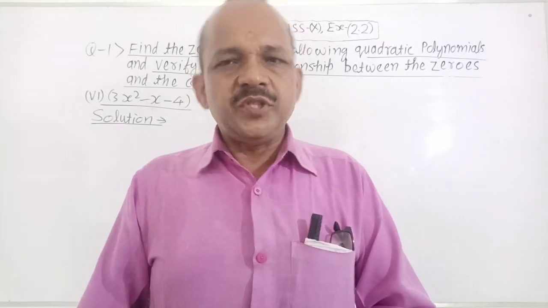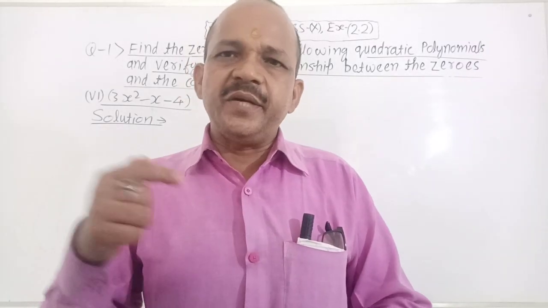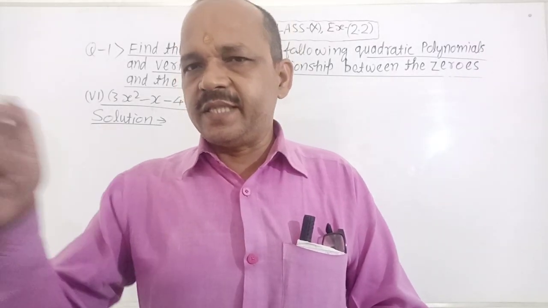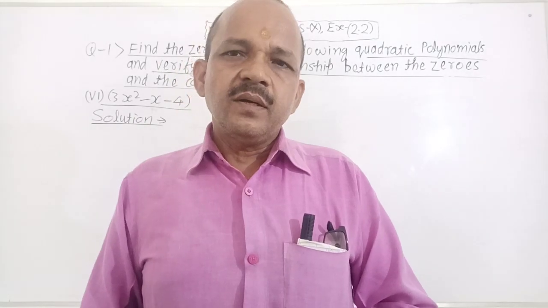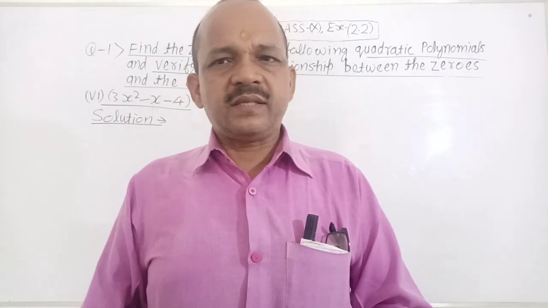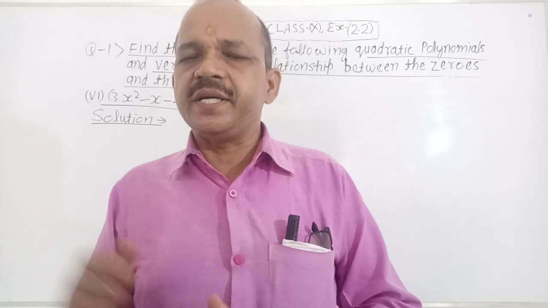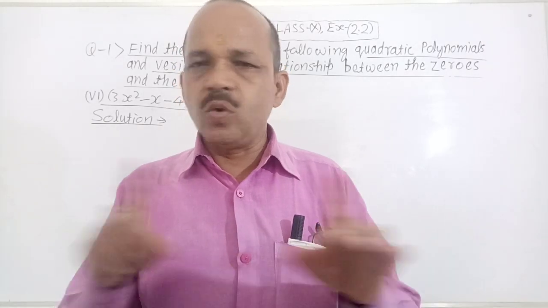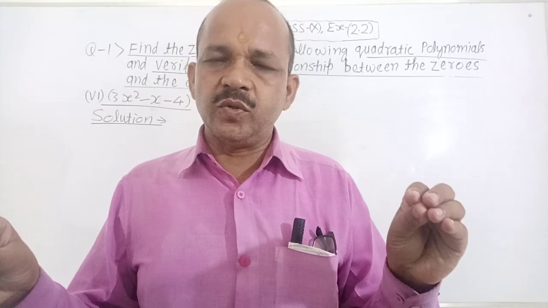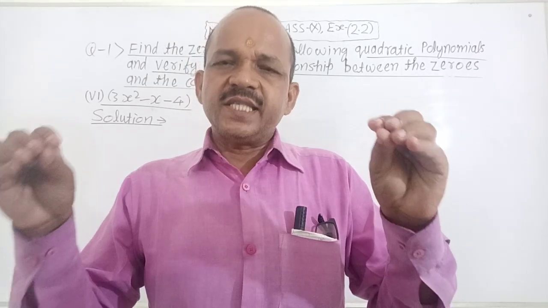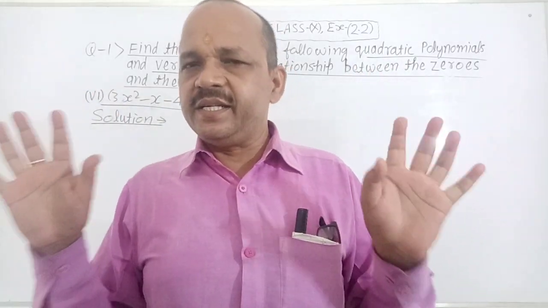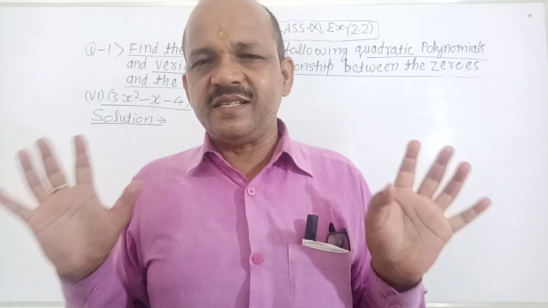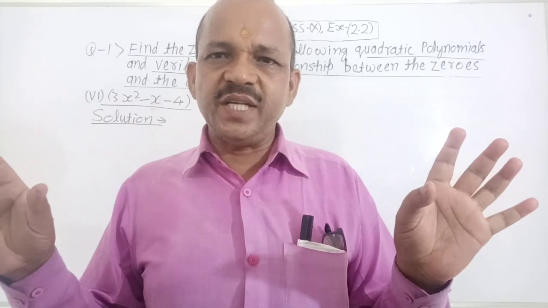Product of zeros equal to alpha multiply beta equal to constant term upon coefficient of x square, equal to c by a. It is clear, no confusion about it. Very good. You can solve your question very easily. It is very easy. Clear, no confusion about it.